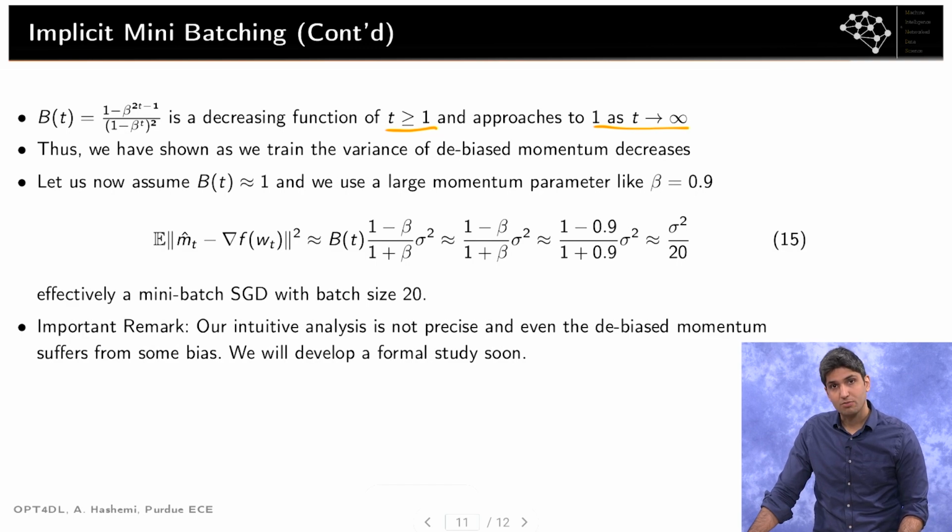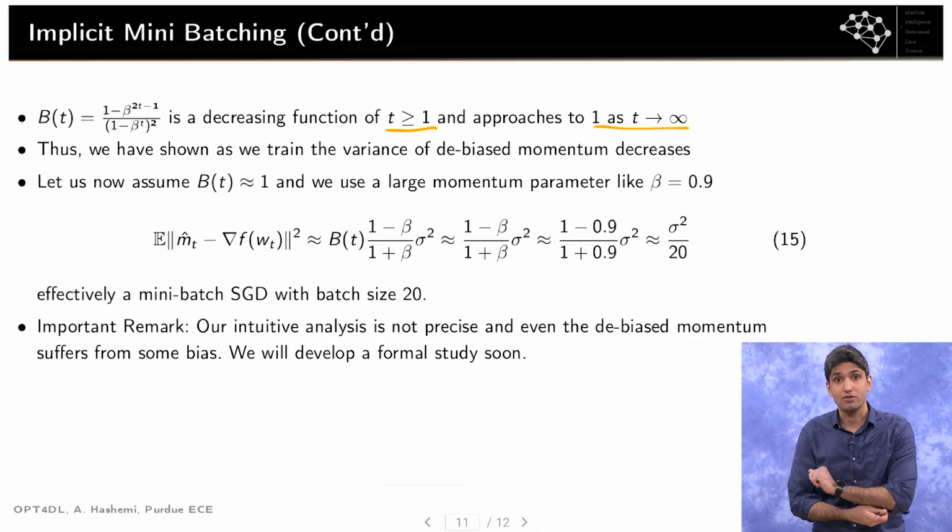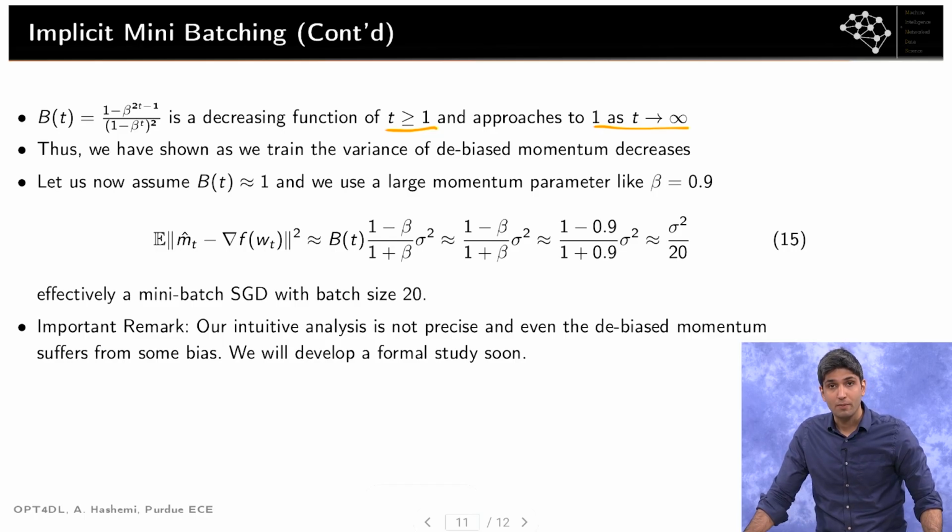Given that the variance is proportional to b of t, and b of t is a decreasing function of t, the variance reduces over time. So not only the bias, but also the variance of our momentum gradient estimator is going to reduce over time. So that's one idea.